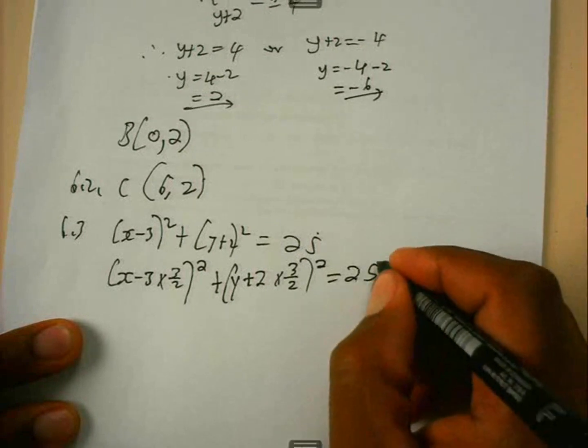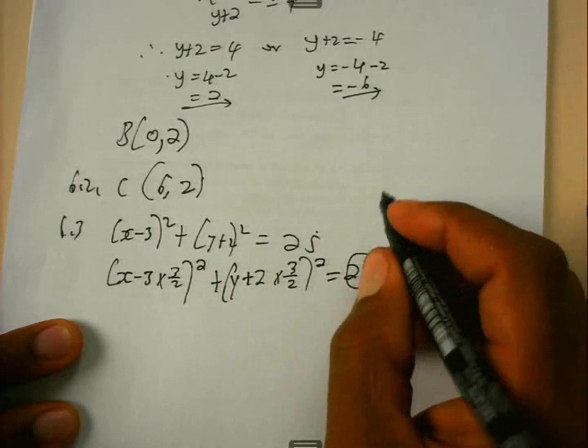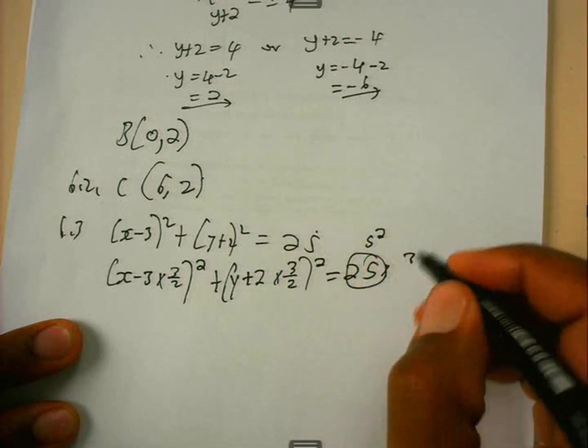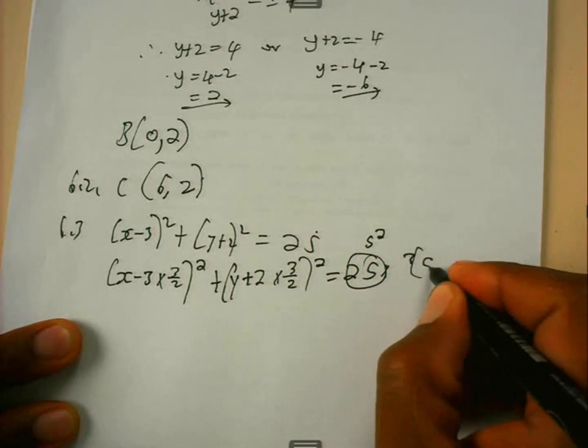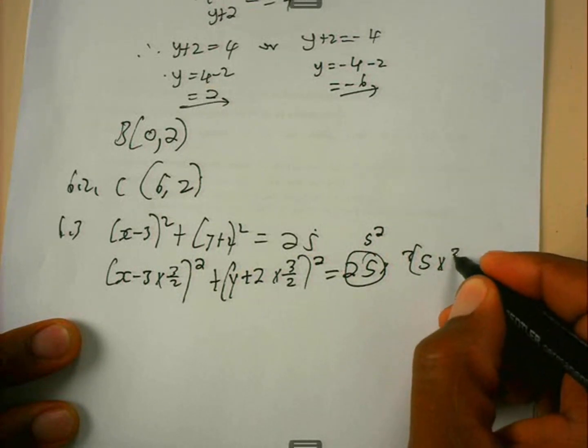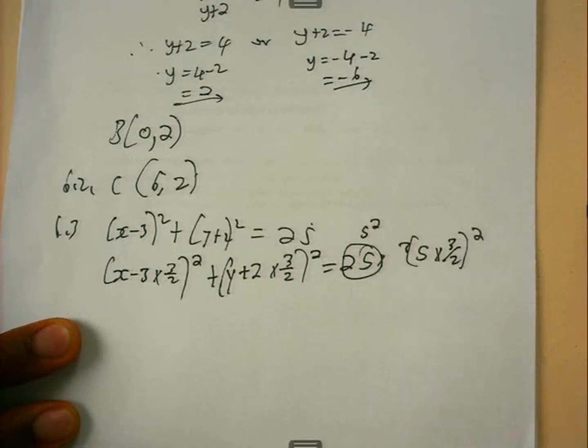Now this 25 here, we change it to the radius. Then r will be 5 squared. What is important is we take 5 and multiply by 3 over 2, then we square it.